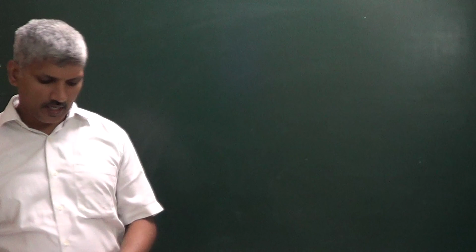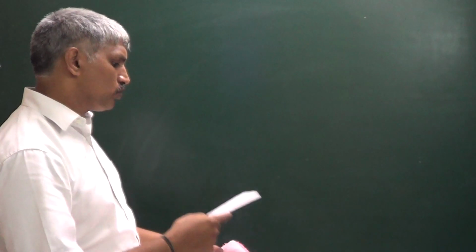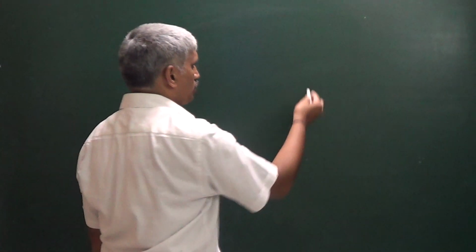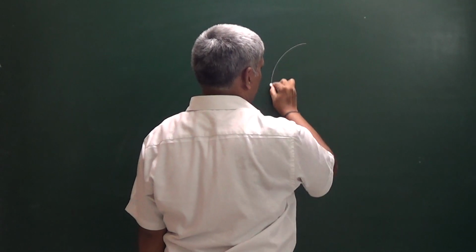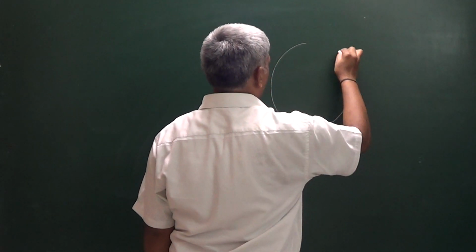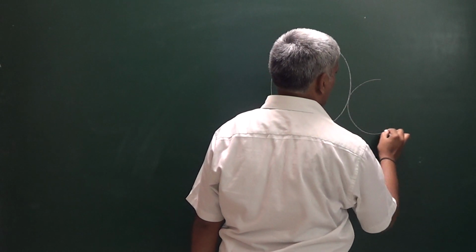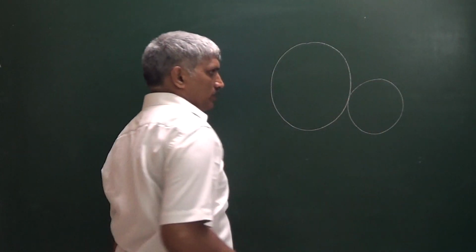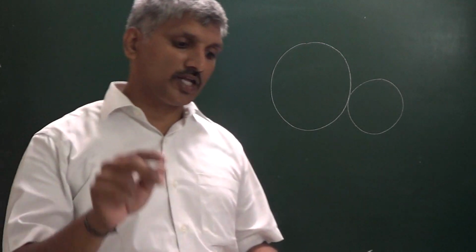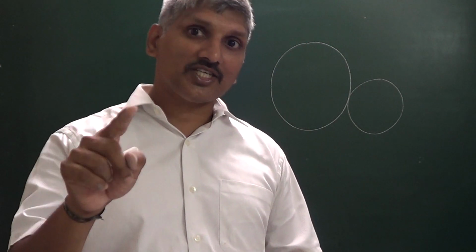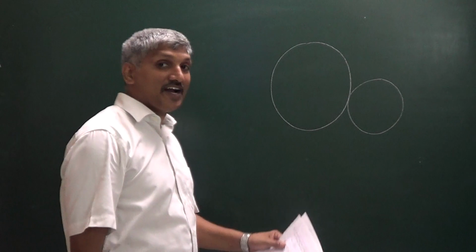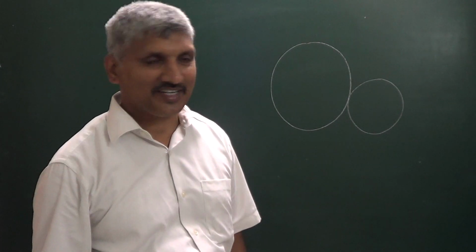So this is another question given like this: two circles having radii in the ratio 3:1. This is one circle. This is another circle. These two circles, with radii in the ratio 3:1, touch each other externally. Find the angle between the direct common tangents.